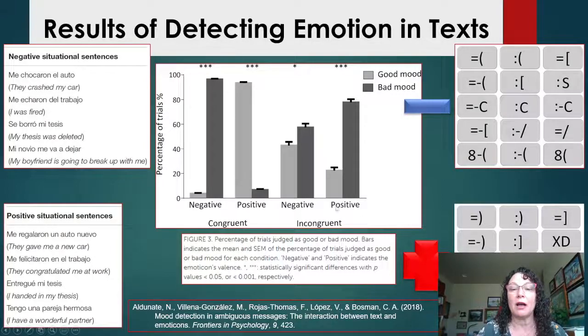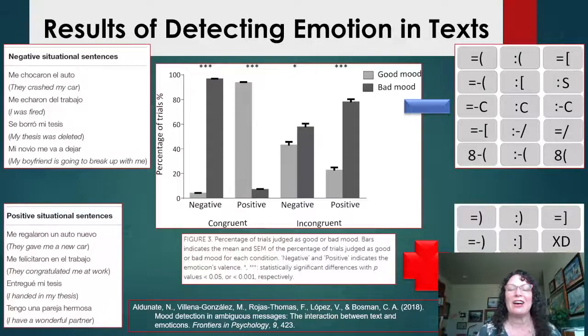Here we have a positive message followed by a negative emoticon, and it's really much more likely that we think the sender was in a bad mood. So it doesn't necessarily negate the negativity in the tone. Sarcasm is usually, I make a sort of self-deprecating joke, or I poke at you a little bit, and then we follow with a smiley face, maybe a smiley face with the tongue hanging out.